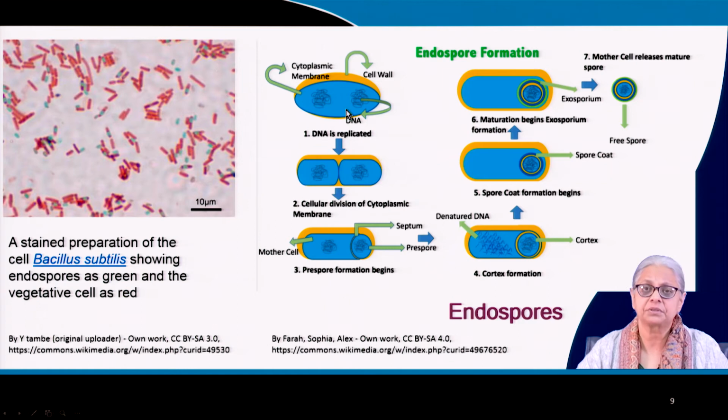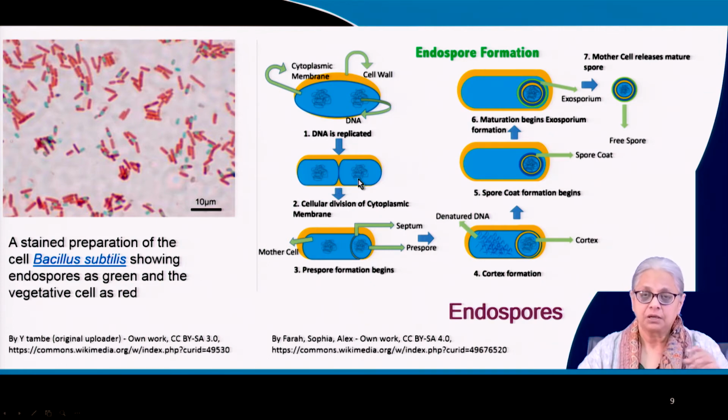The first step is the vegetative cell. The vegetative cell is unable to reproduce. That is the reason for producing the endospore. So this vegetative cell is going to replicate its DNA. So the DNA has been replicated. The first part is the same as binary fission.